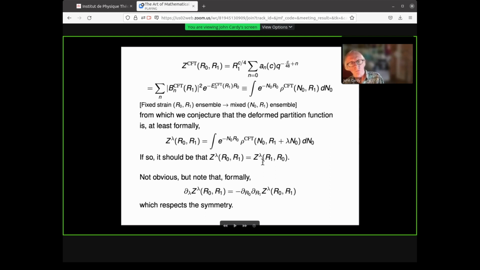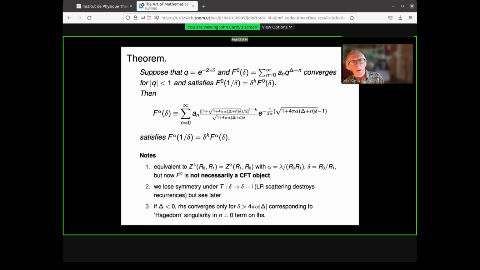Nevertheless, it's true, but how do we make mathematical sense of statements like this? So we have to prove a theorem, and I'll just basically state the theorem.